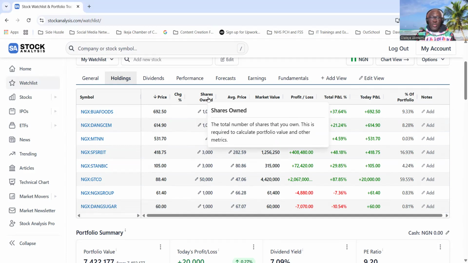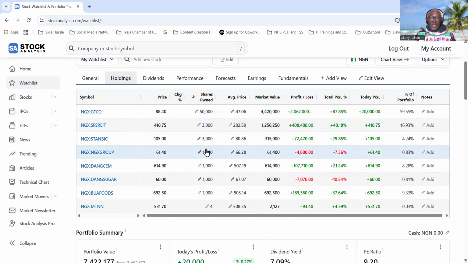I can also ask this tool to list the shares according to the number of units I have. So I can ask it to put the one with the highest number of shares first. The one with the highest number of shares is GTCO with 50,000, followed by SFS REIT with 3,000 units, then Stanbic with 3,000 units, NGX Group with 1,000 units, and so on.